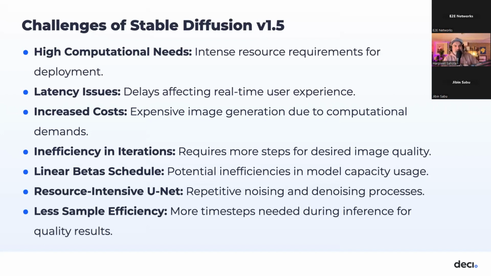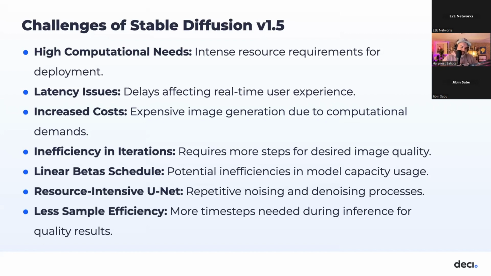Also, the inefficiency of this model, Stable Diffusion 1.5, with respect to how it iterates and generates images, just leads to more steps being required to achieve the desired image quality. This is because it uses linear beta schedules, which is really resource intensive.